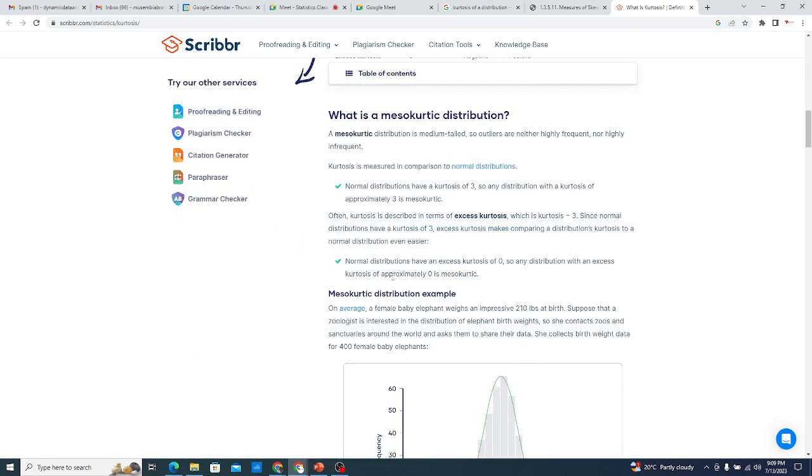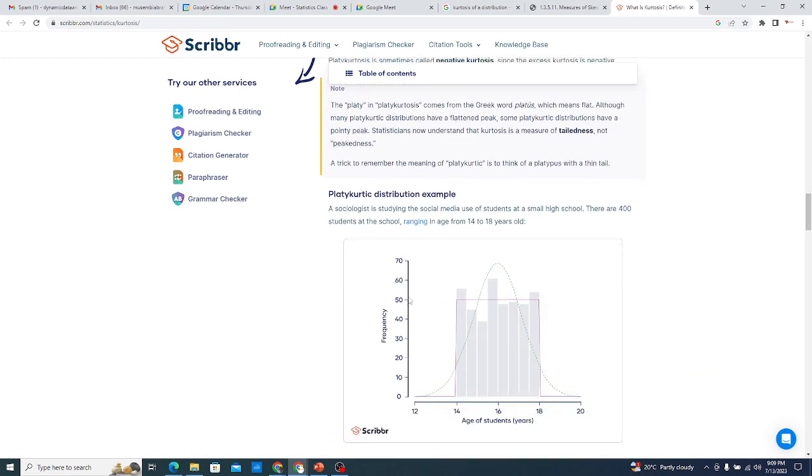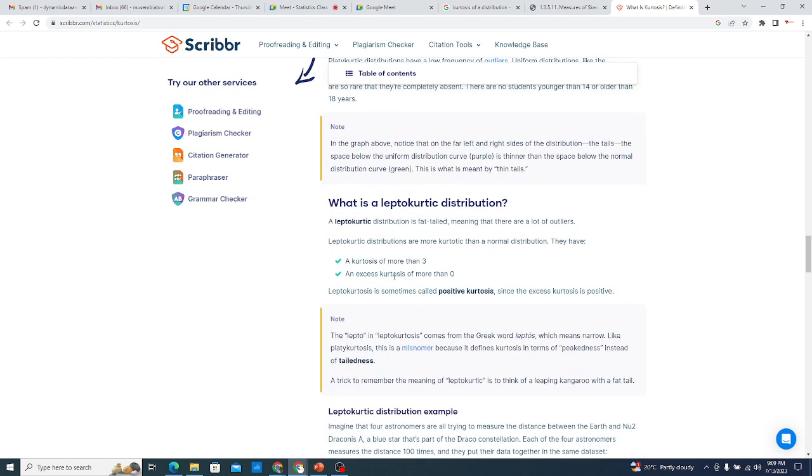Then we have leptokurtic, where the kurtosis is more than 3, which means thicker tails.